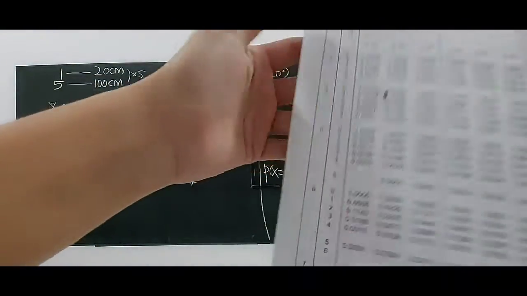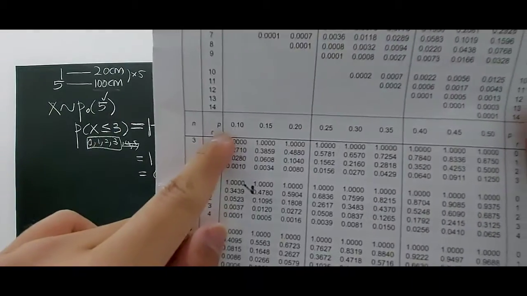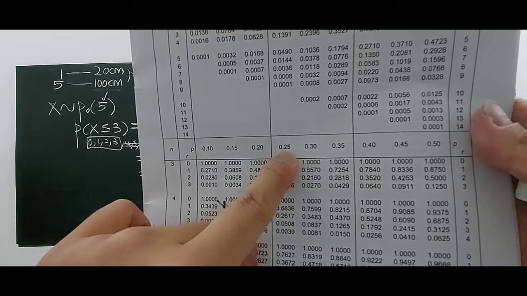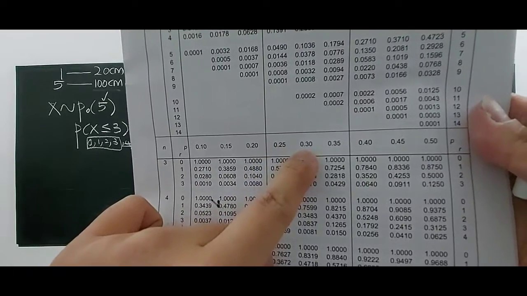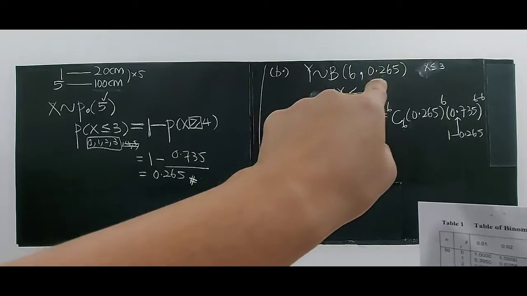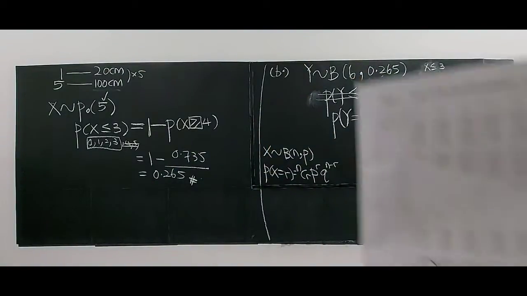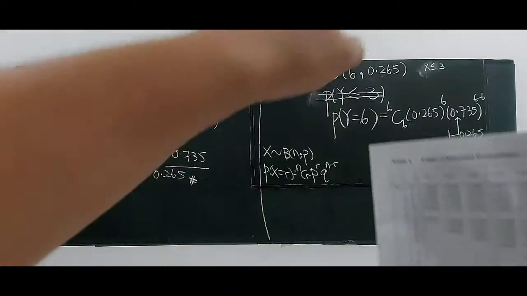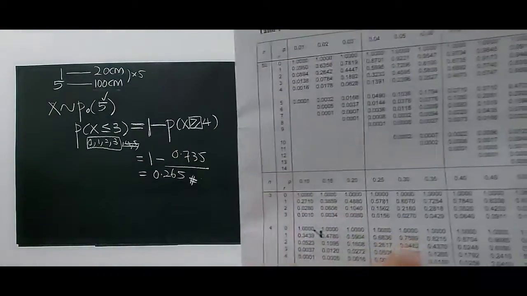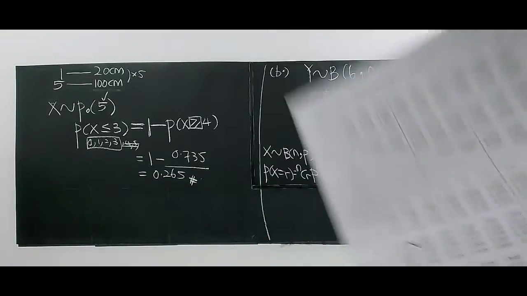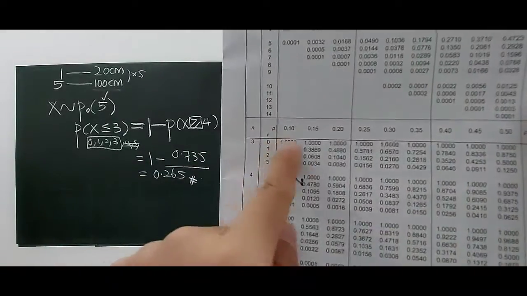Then later on, 0.1, 0.15, 0.20, 0.25, 0.3. Do you find any value for 0.265? No, right? There is no value of 0.265 inside here, even though the number of sample you have is 6. Yes, you have 6, but you don't have the value.